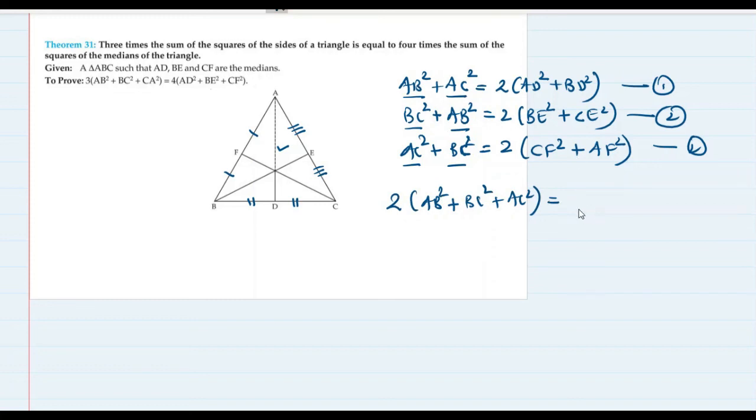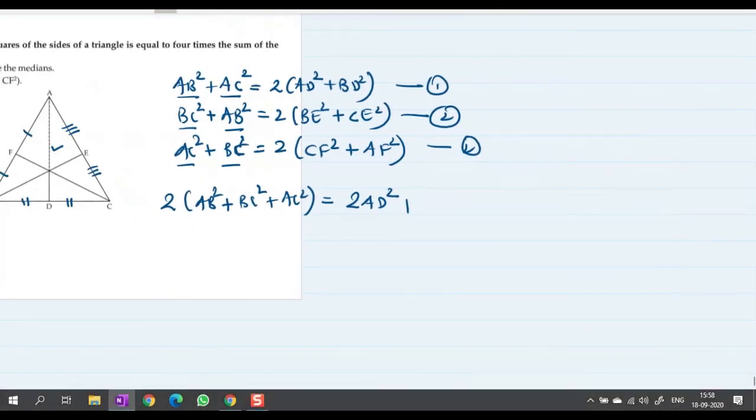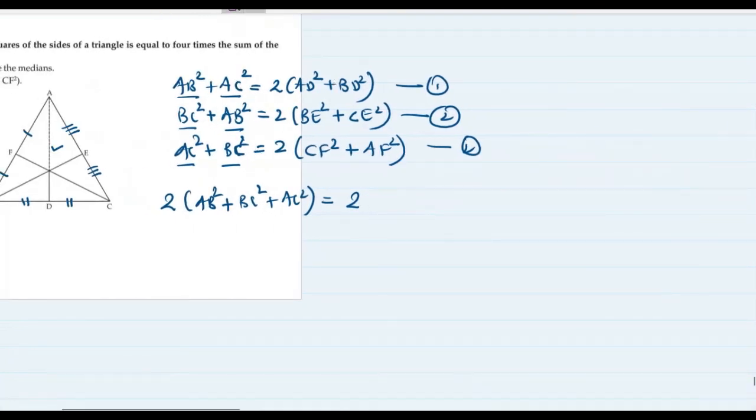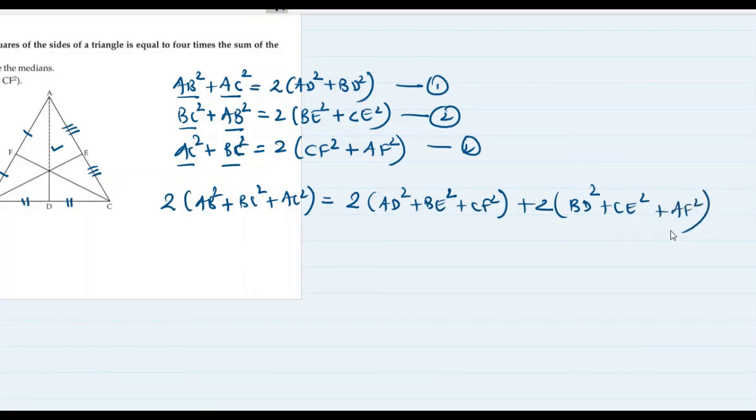And on the other side, what you're going to get is 2 bracket AD square plus BE square plus CF square plus 2 bracket BD square plus CE square plus AF square.